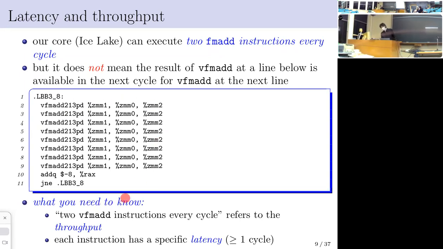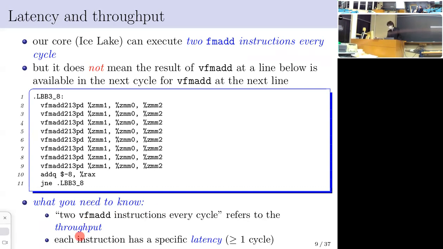So what you need to know is, when the processor says it is able to execute 2 FMRD instructions every cycle, it refers to something called the throughput.